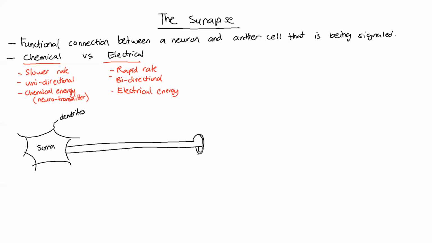And so the axon terminal of this presynaptic neuron. So let's label this out. Actually, let's label this as the axon here, the axon terminal. And so this is going to be our presynaptic neuron.